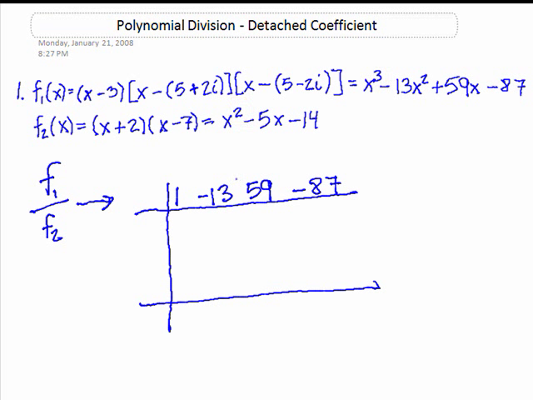Therefore, we'll have two terms in the quotient, a linear term and a constant term. And so the rest of it will be remainder. So I'm going to put down a dashed line here to separate the remainder portion from the quotient.